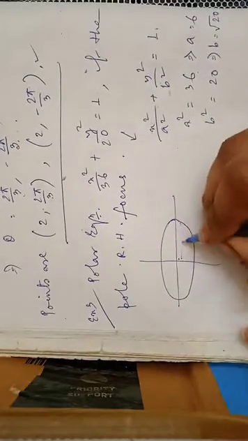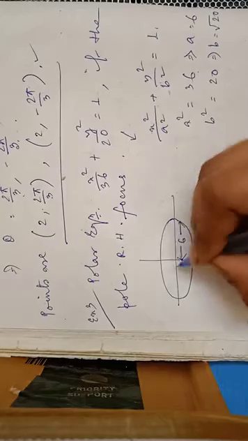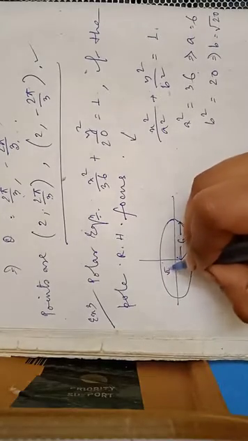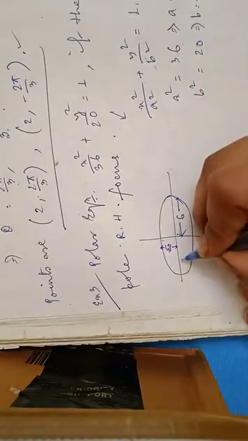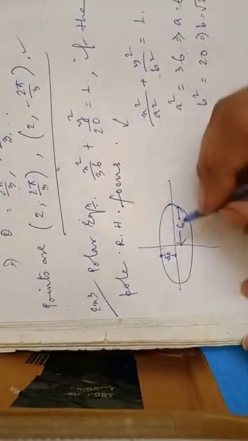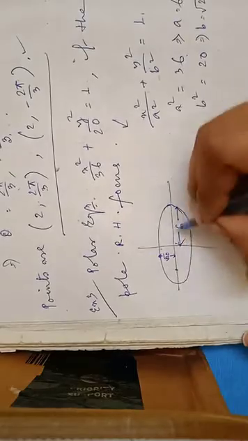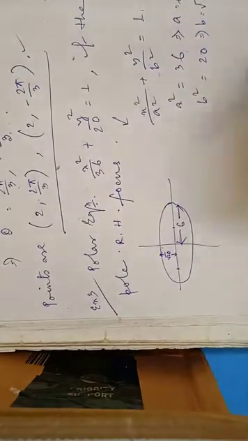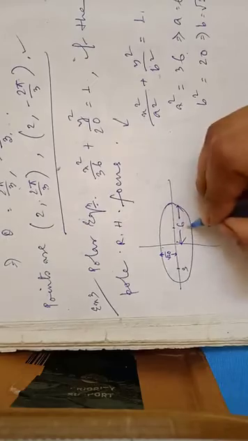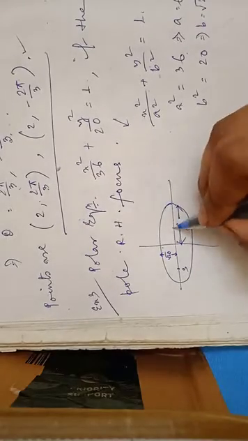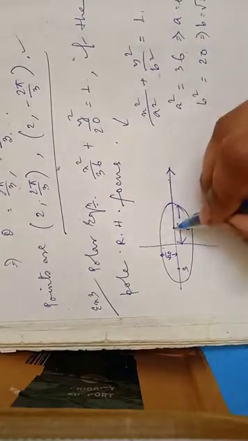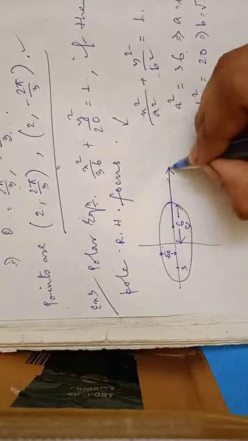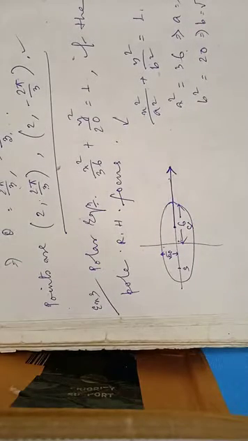This length is a, that is 6, and this length is b, root 20. There are two foci for an ellipse. Suppose this is S and this is S dashed. The right hand side one is our pole, and the positive direction is the axis or the initial line. We need to find the polar equation.